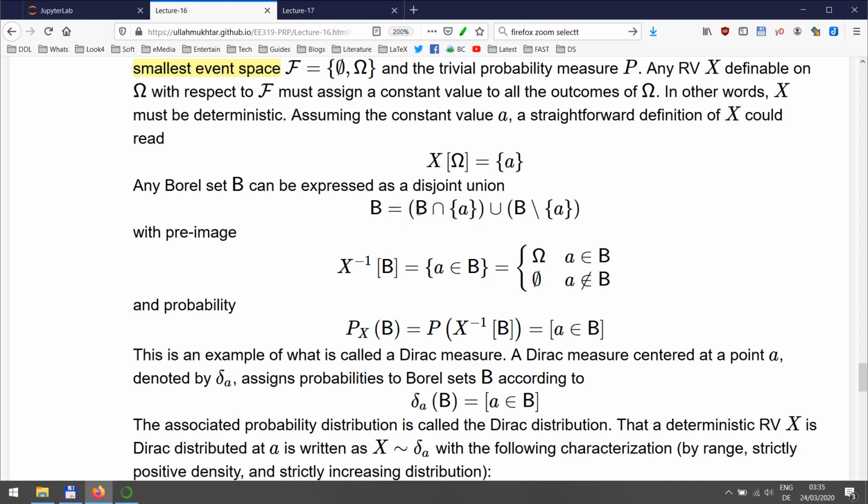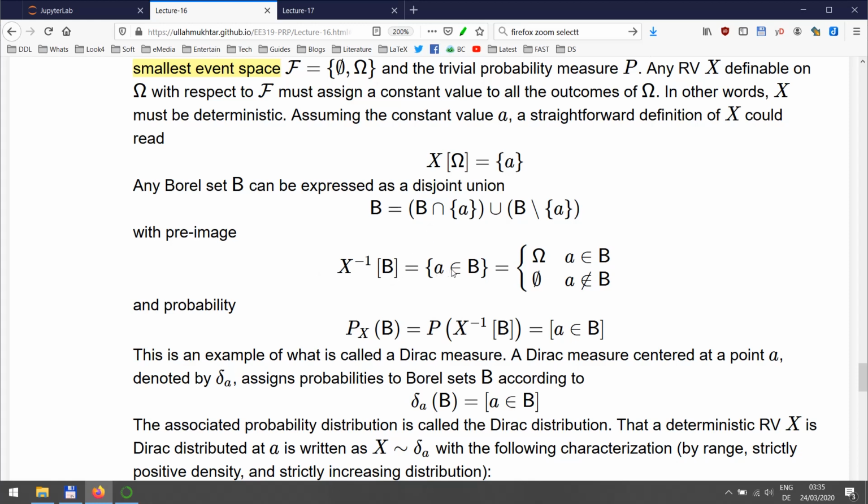B intersected with that single element set, and B without it. So what will be the pre-image of this? X inverse of B.